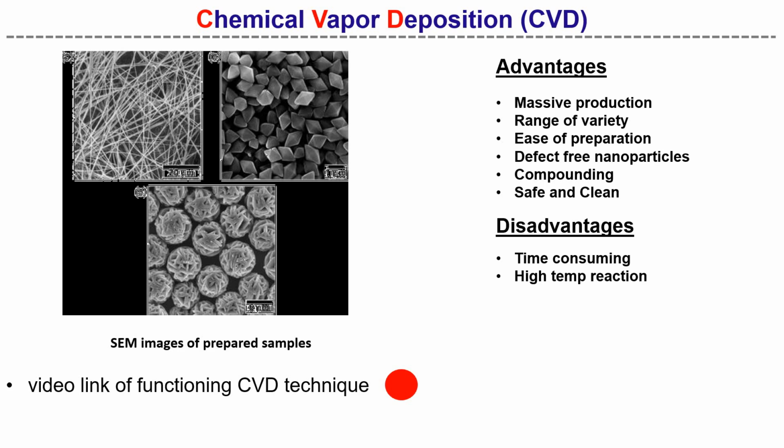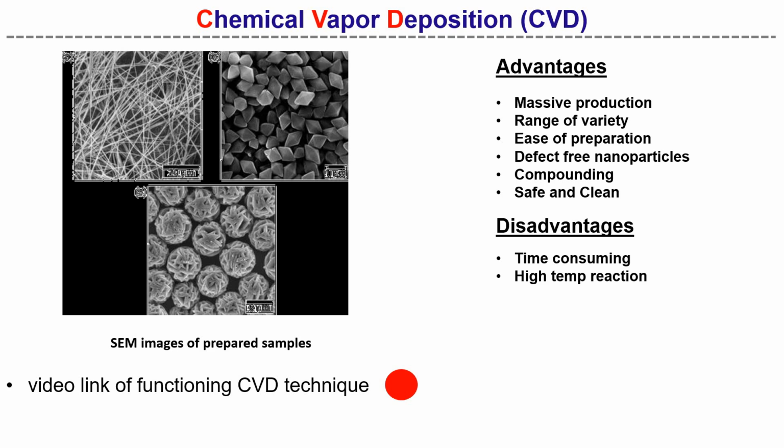Ball mill has very poor shape modulation. Spray pyrolysis has intermediate, lesser shape modulation, or more than the ball milling method you can have a shape modulation, and the chemical vapor deposition method would have the best shape modulation.